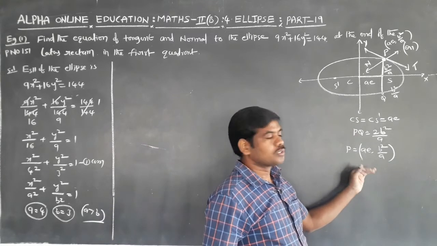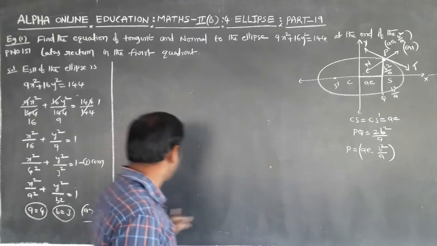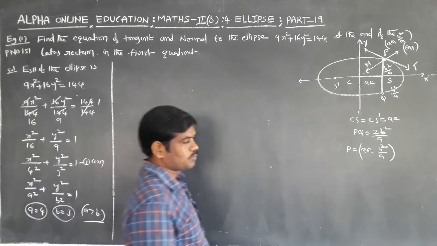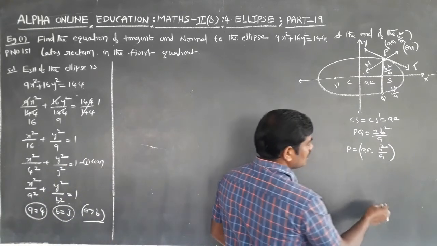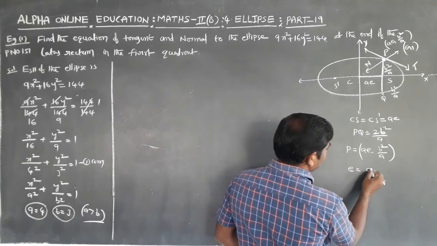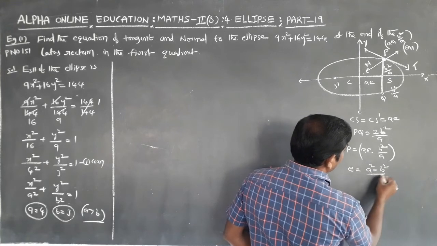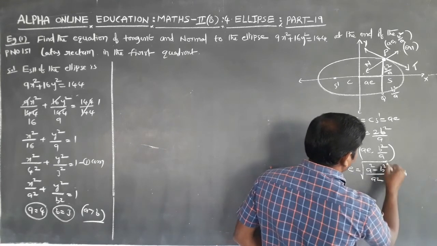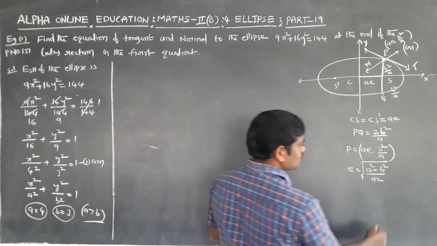So already we know the a and b values. So first of all, here we find the e. Eccentricity e is equal to under root of a square minus b square by a square.